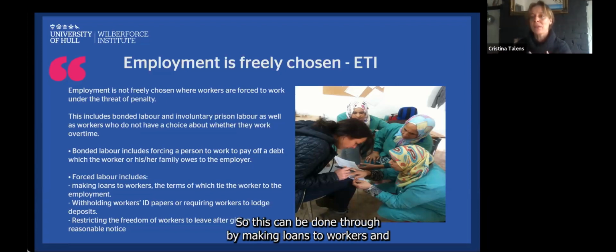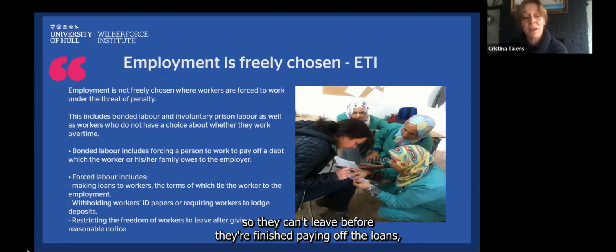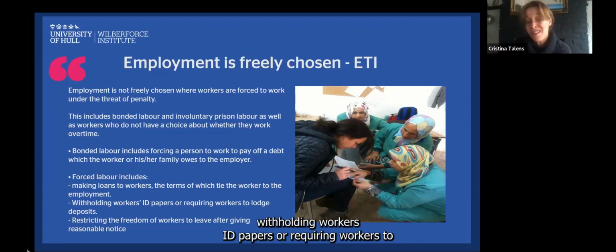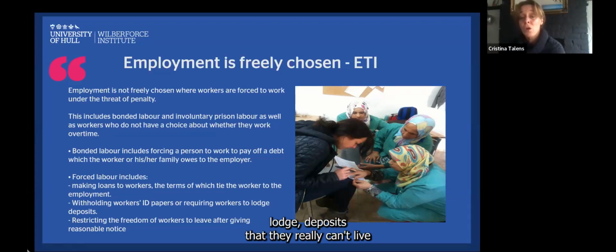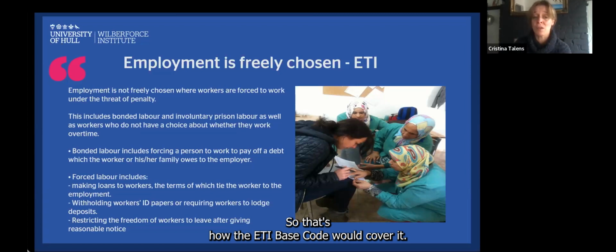This can be done by making loans to workers and attaching terms to those loans, so they can't leave before they finish paying off the loans, withholding workers' ID papers, or requiring workers to lodge deposits that they really can't live without or leave without, and then restricting the freedom of workers to leave after giving reasonable notice. So that's how the ETI base code would cover it.